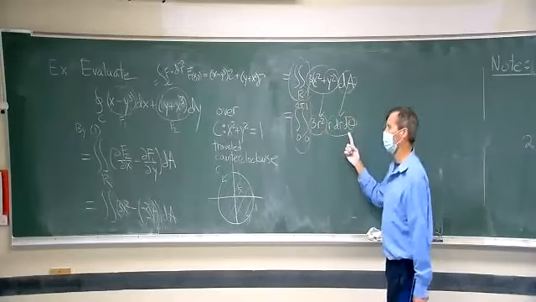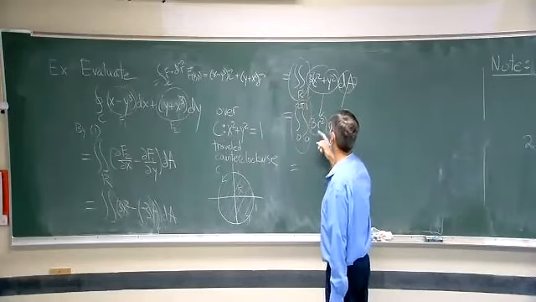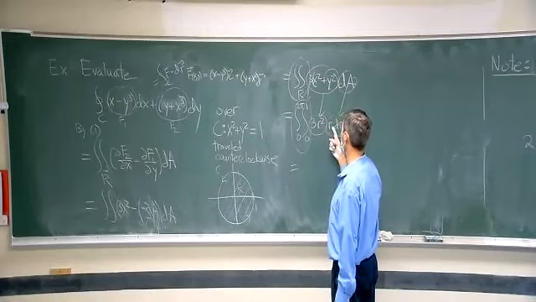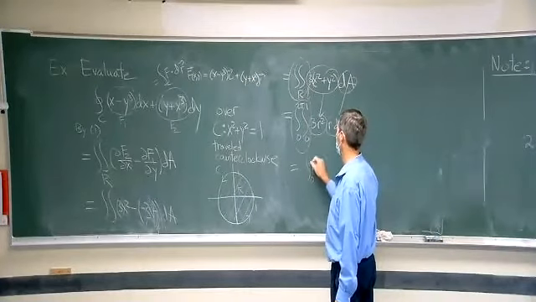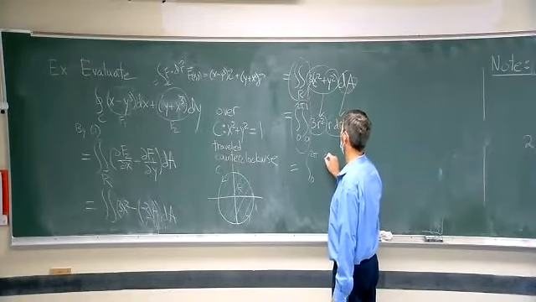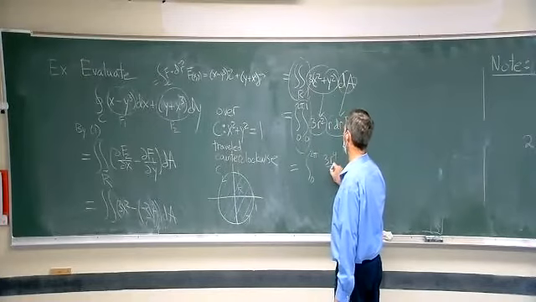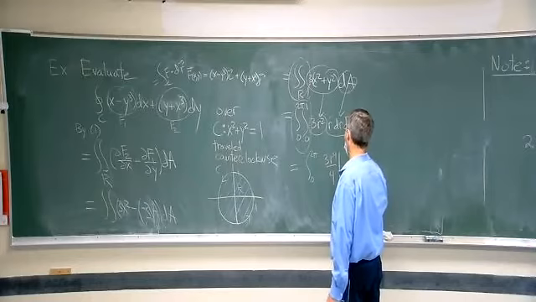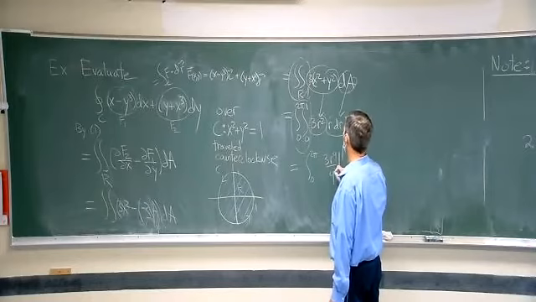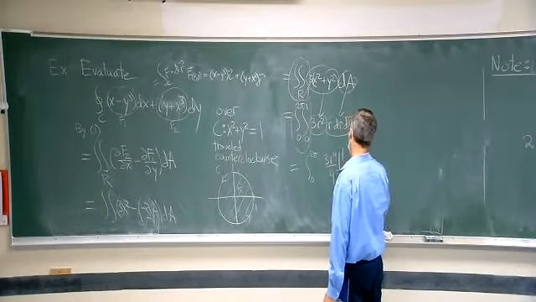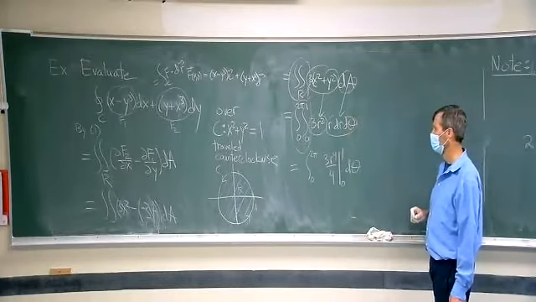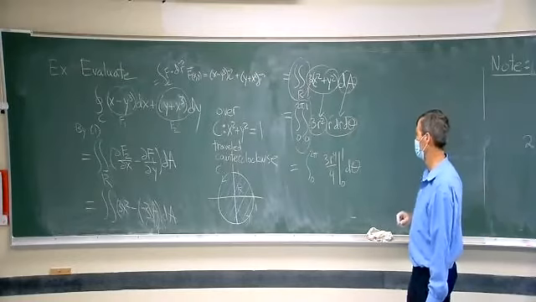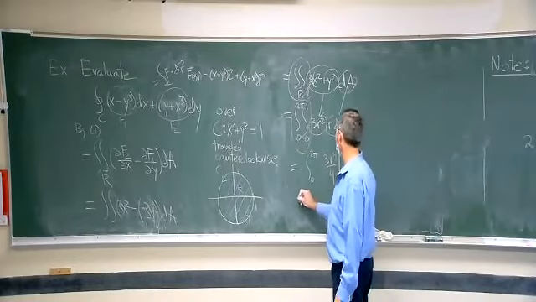And now I've got a fairly simple problem, right? I'm integrating 3r cubed, which gives me 3r to the 4th over 4. I'm going to plug in 0 and 1, and then I've got to integrate that with respect to theta. Well, this is just integrating 3/4.